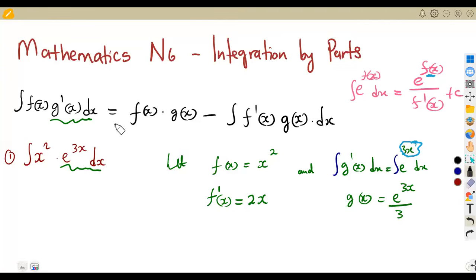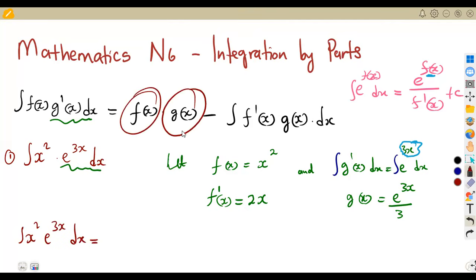So the formula states that this whole integral that we have is going to be equal to, let me just write it down, the integral of x squared e to the exponent of 3x with respect to x is equal to f of x times g of x. So it's the product of our f of x, which we said is x squared, so that is x squared times g of x, which is e to the exponent of 3x over 3.